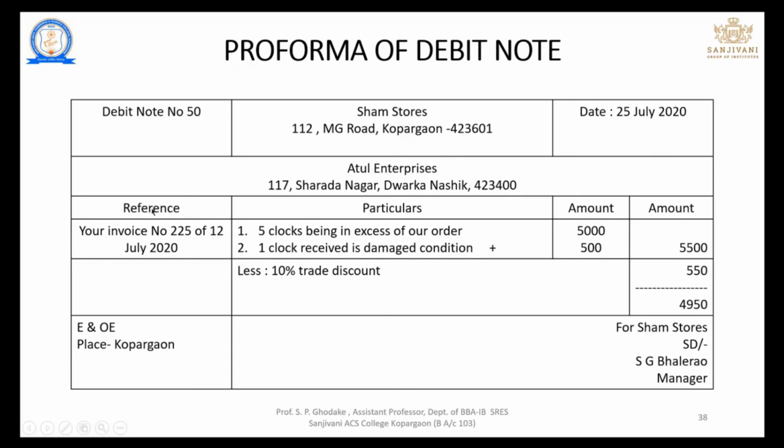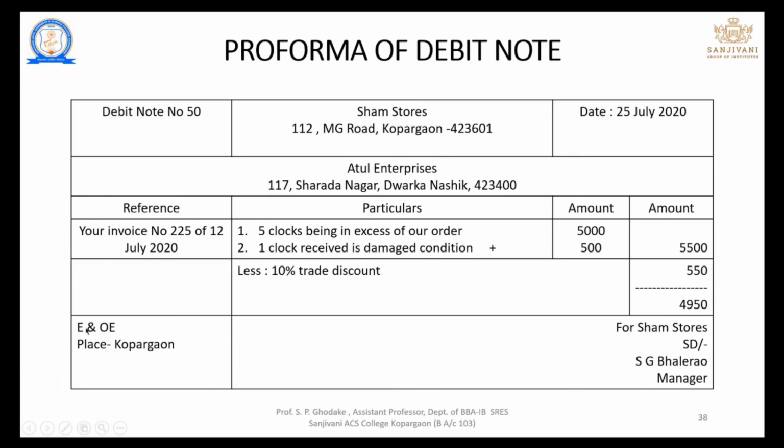The reference must be given, that is the reference of the invoice against which we purchased the raw material, so there will be an invoice number with date. Then the particulars, which are the items that we are returning to the supplier, their amount and the total. And if any trade discount was given by the supplier, we need to deduct that also.